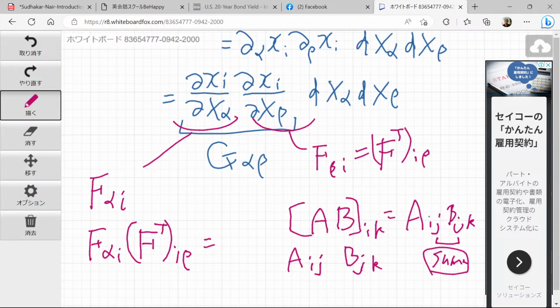So this is G. This is like F transpose alpha beta.